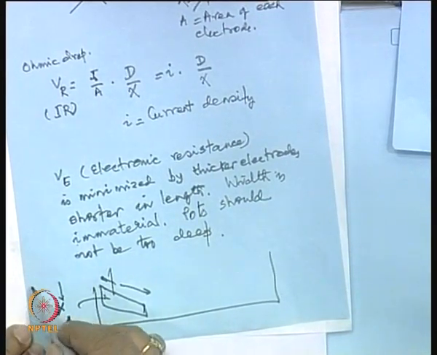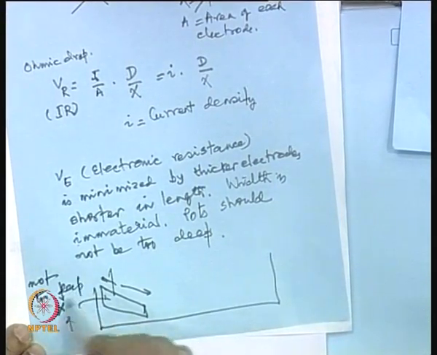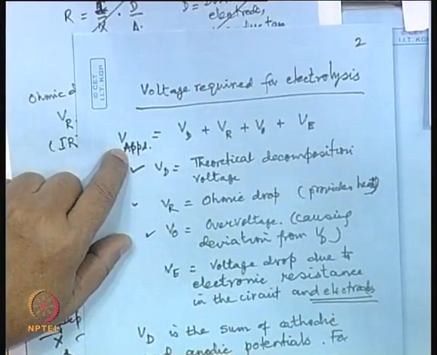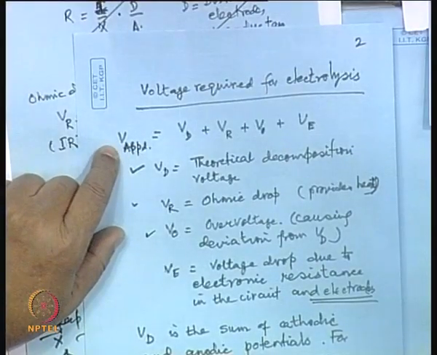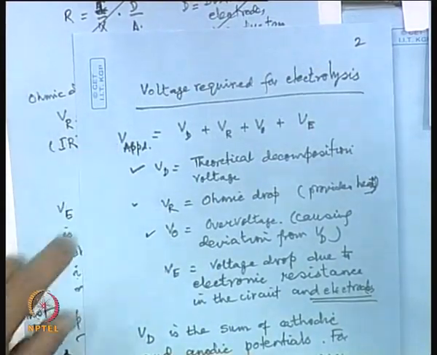It should not be too deep. So, there are all kinds of things to be taken into account, so as to minimize the applied voltage, because if the applied voltage is high, then you need more power, voltage into current will go up.